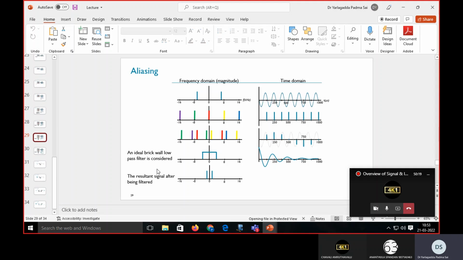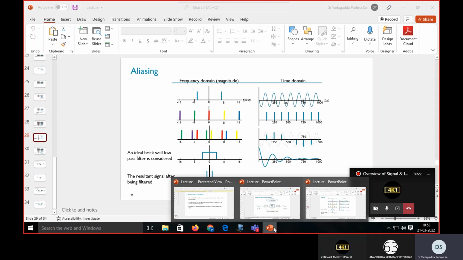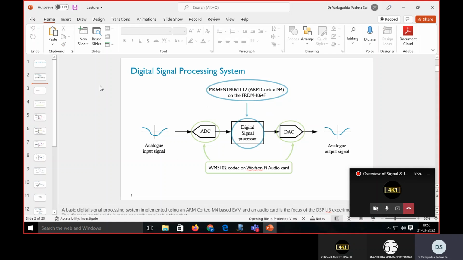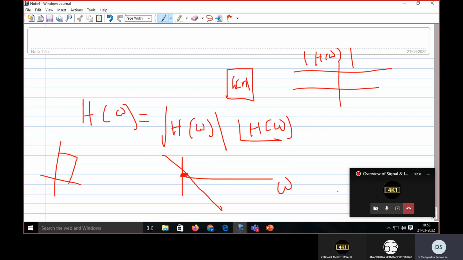All these diagrams are explaining that. Now coming to next: when we are doing sampling, you won't directly get a digital signal. For example, I am sampling my continuous signal and multiplying with my switching function, say this value is 4.1 and this is 5.1.